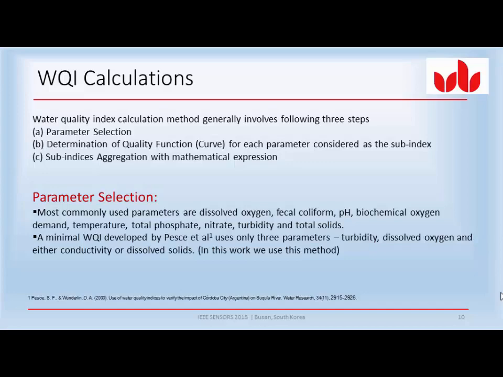For parameter selection, the most commonly used parameters for any surface water are dissolved oxygen, fecal coliforms, pH, biochemical oxygen demand, temperature, total phosphate, nitrates, turbidity, total solids, and so on. But what is of interest to us is a minimal water quality index, which has been used by some researchers, and uses only three parameters: turbidity, dissolved oxygen, and either conductivity or dissolved solids.